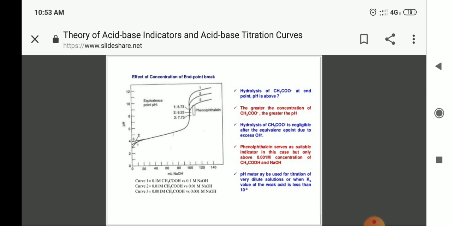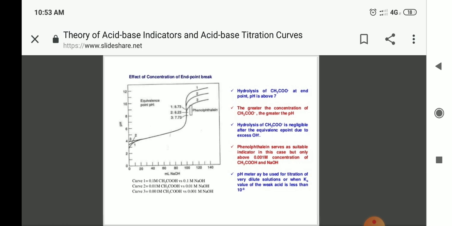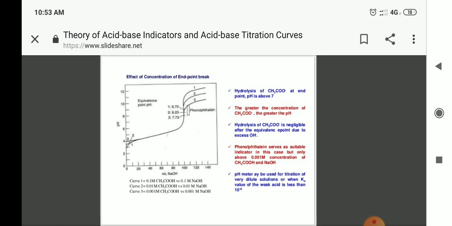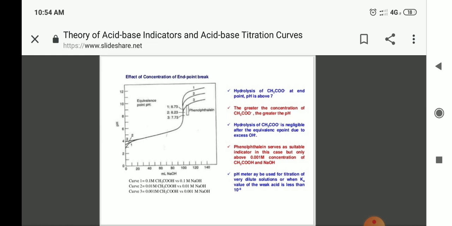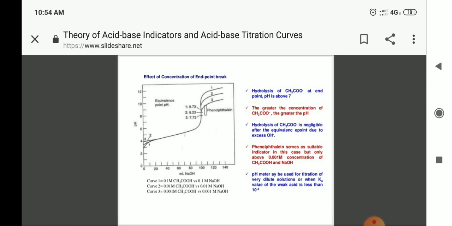On the effect of concentration on the end break: the hydrolysis of sodium acetate at an end point gives pH above 7. The greater the concentration of the acetate, the greater the pH. The phenolphthalein indicator range is 7.73, 8.23, 8.73, and this is where the equivalence point pH lies.